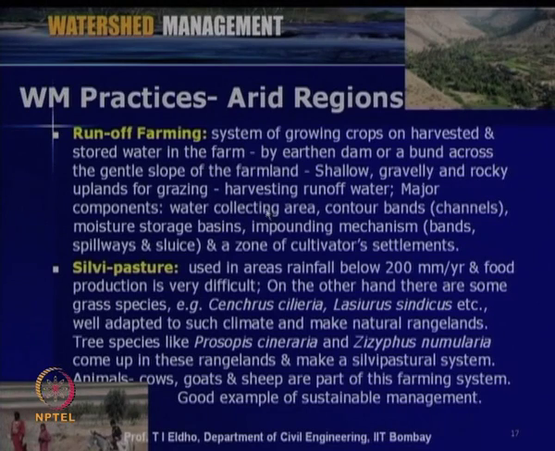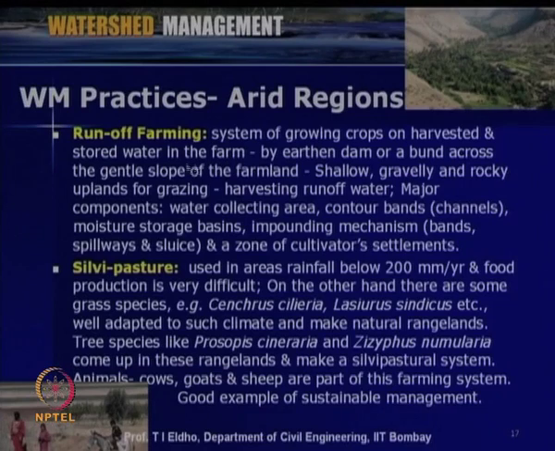Then we can collect the water. So, the water collecting area, then we can go for contour bands, that means using channels according to the contour. Then moisture storage basins, then impounding mechanisms like bunds, spillways and sluices, and a zone for cultivators' settlement.